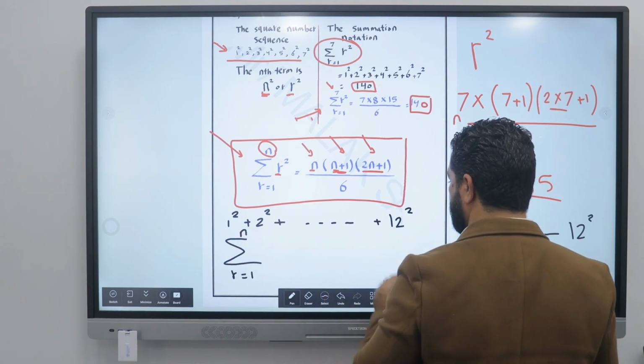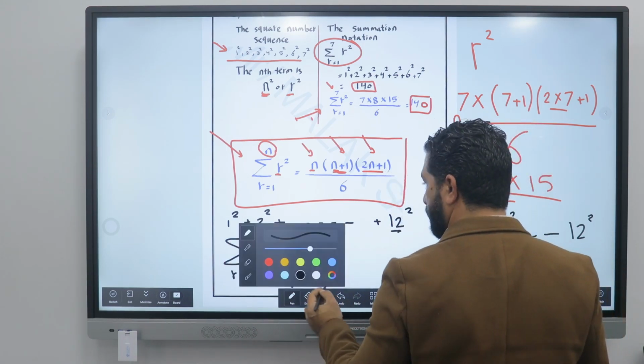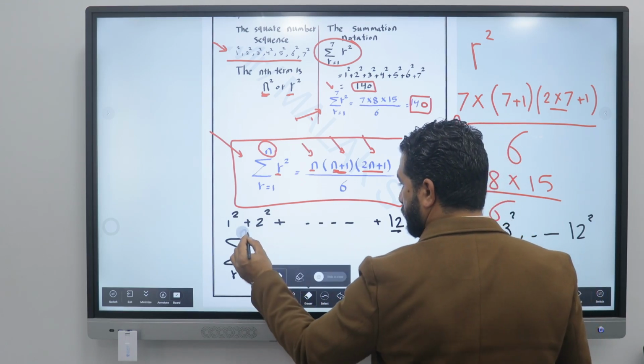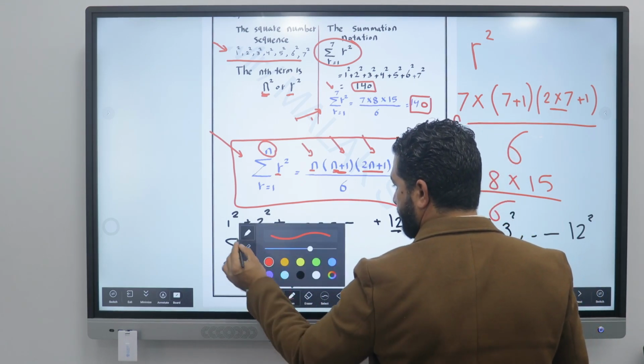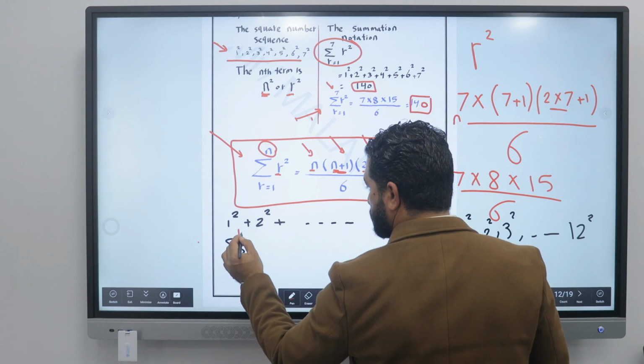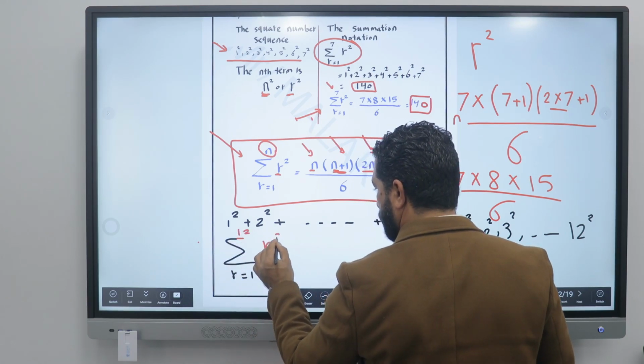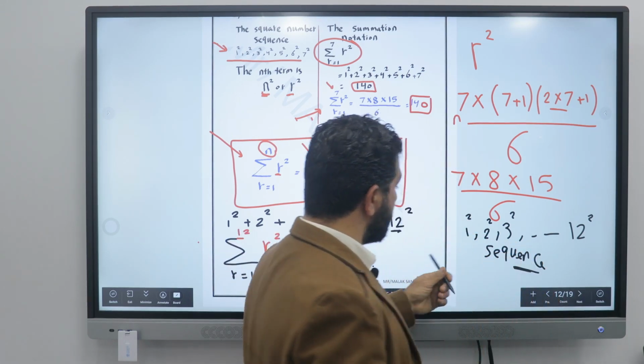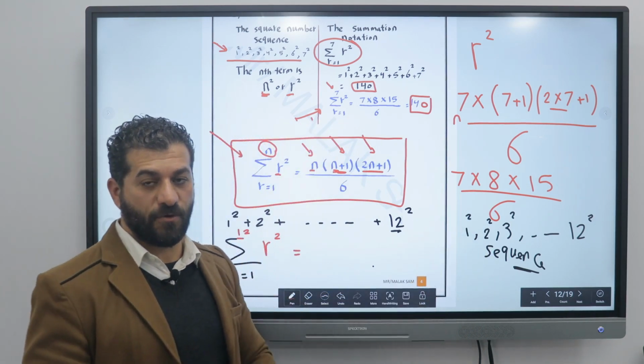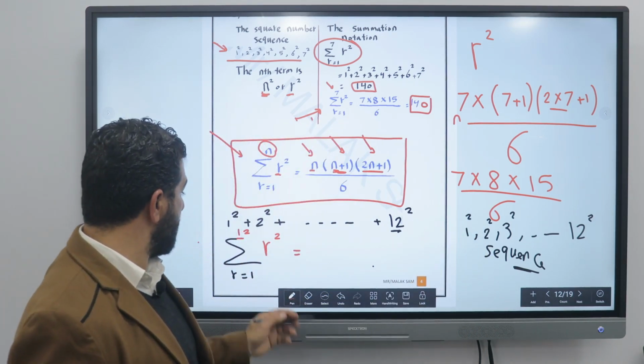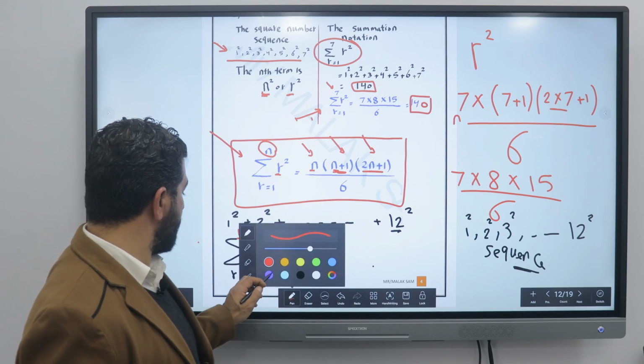What is n in this case? It's 12. So r from 1, instead of n, you write 12 here. So n is 12. R to the power of 2. Why r to the power of 2? Because the nth term here is n to the power of 2, or r to the power of 2. So it will be n, what is n?